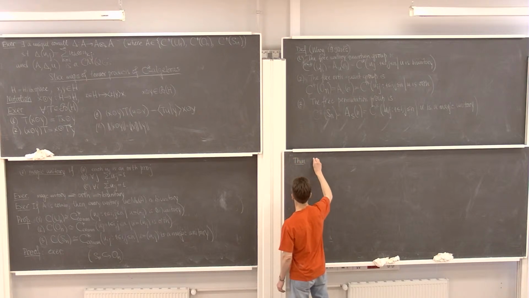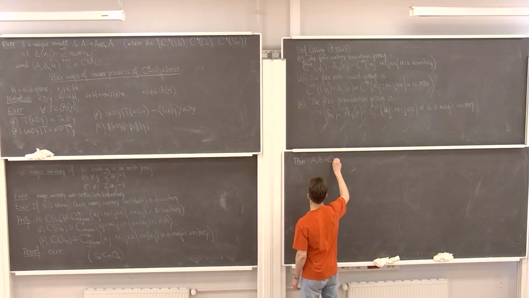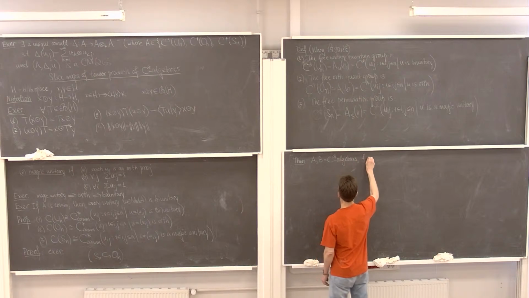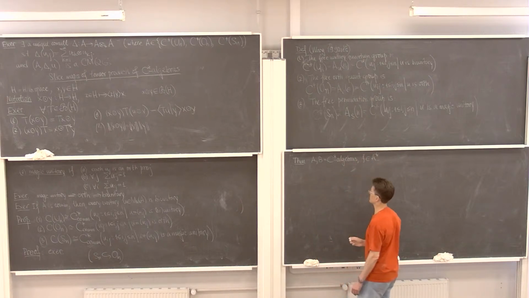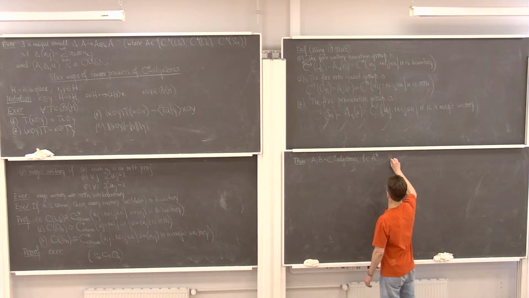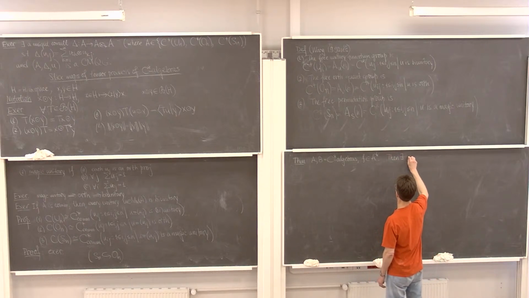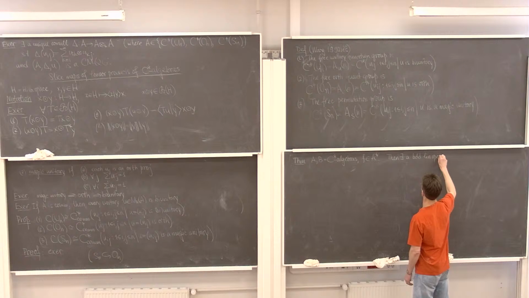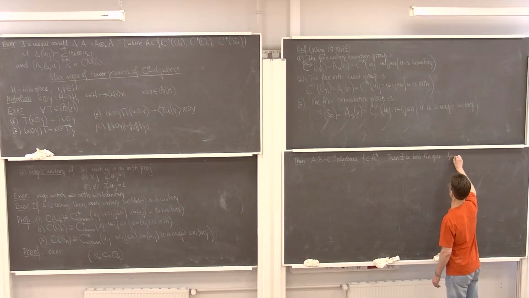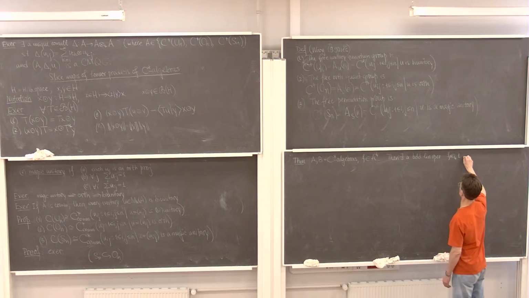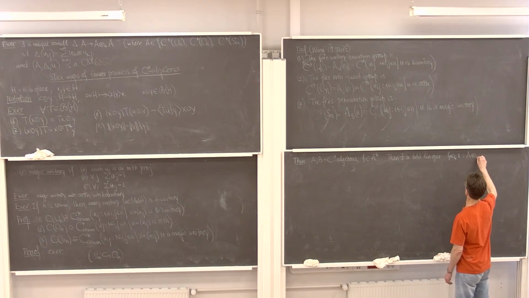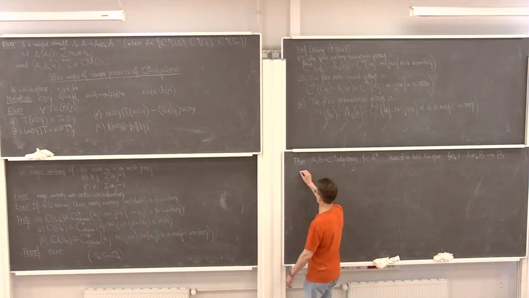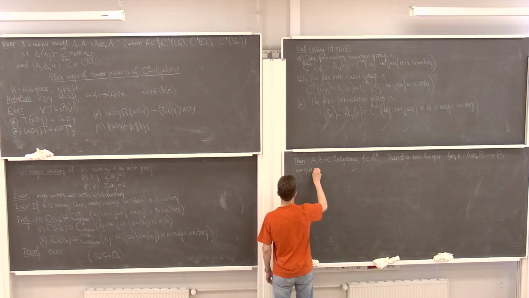Suppose we have two C-star algebras, A and B. And let f be a bounded linear functional on A. I claim that then there exists a bounded linear operator, which will be denoted like this, f tensor 1, which acts from A tensor B to B, uniquely determined by the following formula.